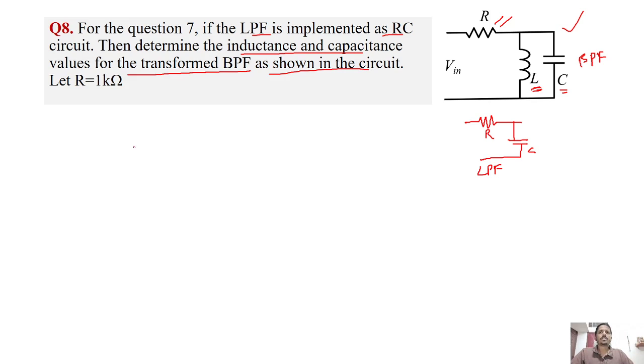If I find the transfer function of this circuit, what is the transfer function?